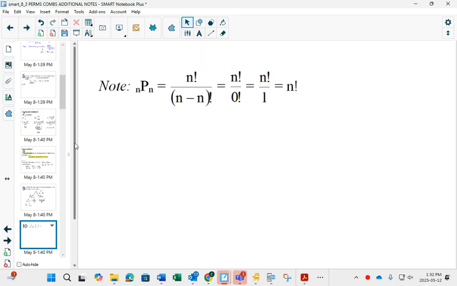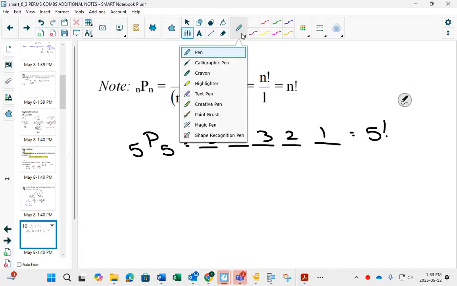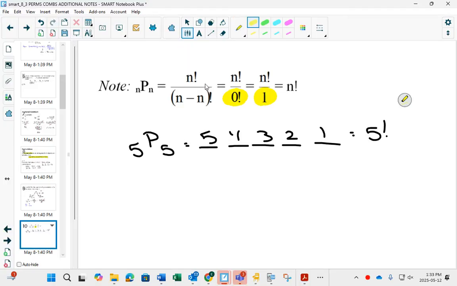And here's some special cases. If you had nPn, which means like 5p5 would be 5 spaces, start with 5, it should make sense that that's equal to 5 factorial. With the formula, you might remember from the textbook that it's like, why do we need a formula for 0 factorial?